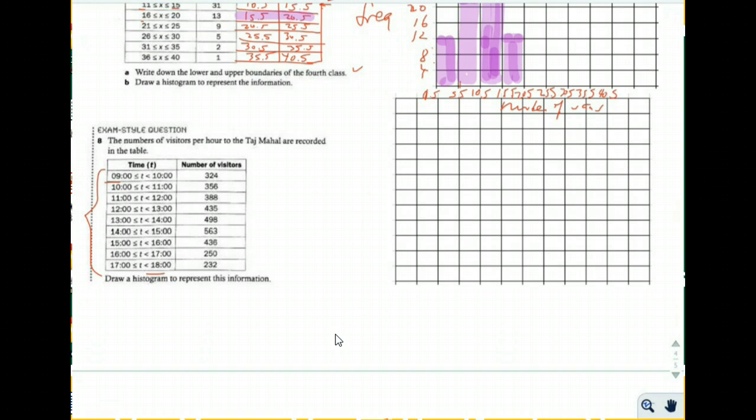So instead of 9 to 10 a.m., we'll just write 9 and 10, for example. And then for the next one, we'll write 10 to 11. Okay? So let's see if these fit here. We'll write 9, 10, 11, 12, 13, 14, 15, 16, 17, 18.